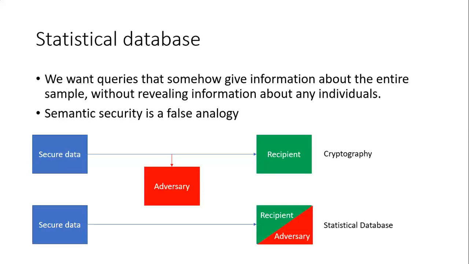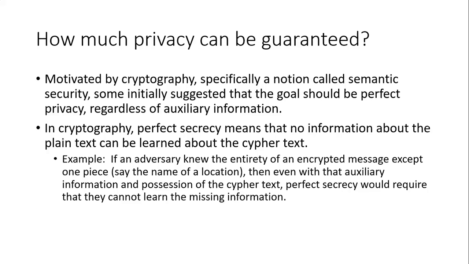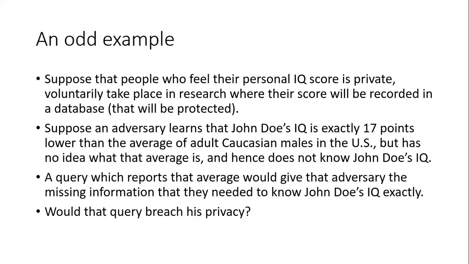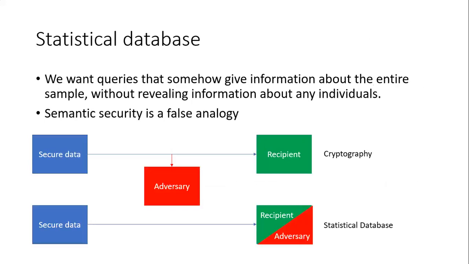Yes. So that's where Professor Dwork talks about the semantic security analogy being a false analogy. Originally, people motivated by cryptography suggested that we should be seeking perfect privacy, but she was saying that's not possible because the setup is different. In cryptography, the adversary is a different person than the intended recipient of the message.